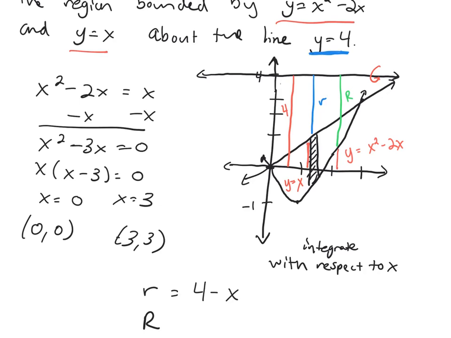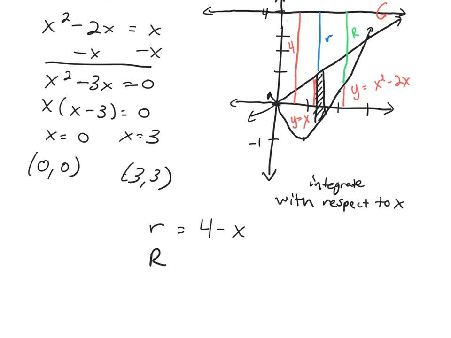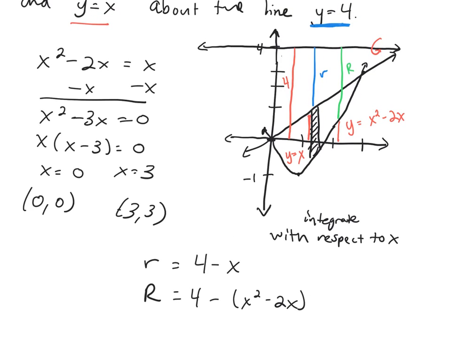So it looks like my big R is going to be 4 minus (x squared minus 2x). Okay, so that's our little r and our big R.